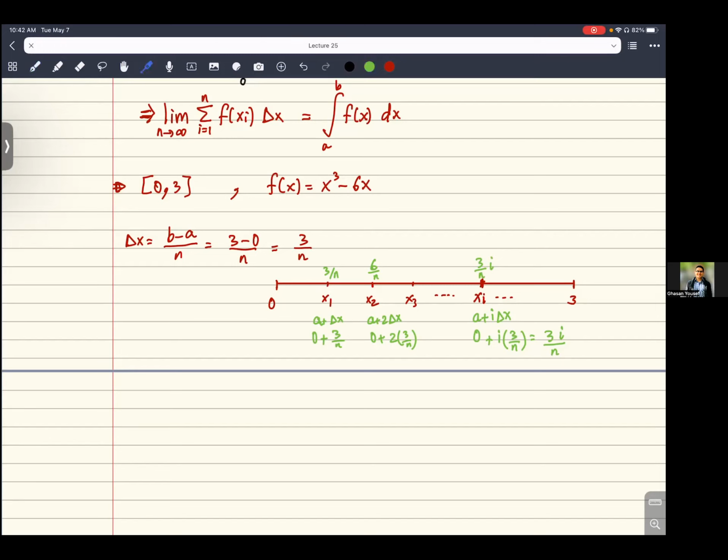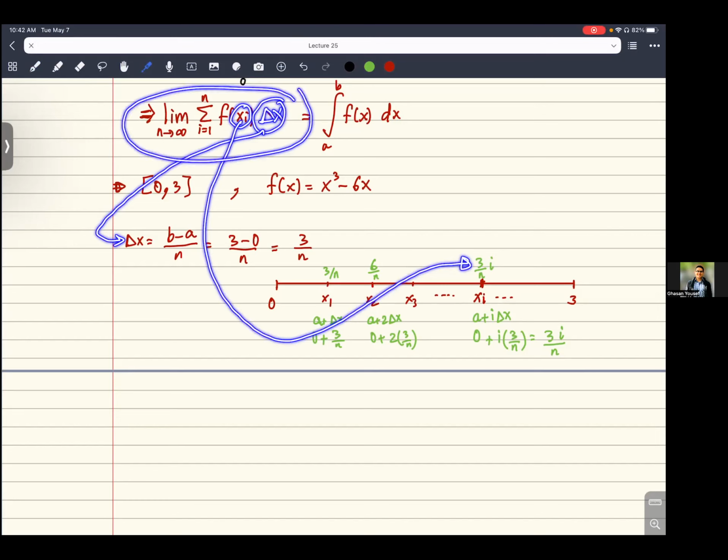So again, back to the question. They asked me for delta x. I found delta x, it's here. Now I found the value of xi, it's here. Now we have to plug in to find the limit of the sum.